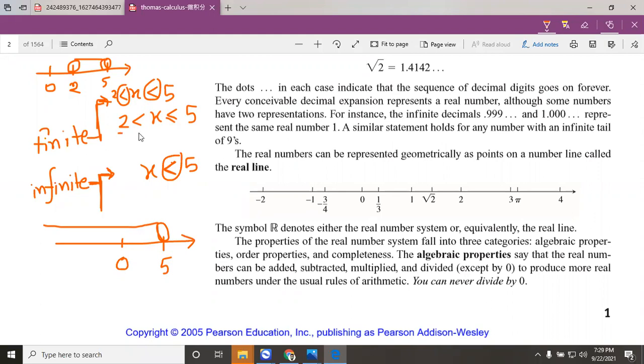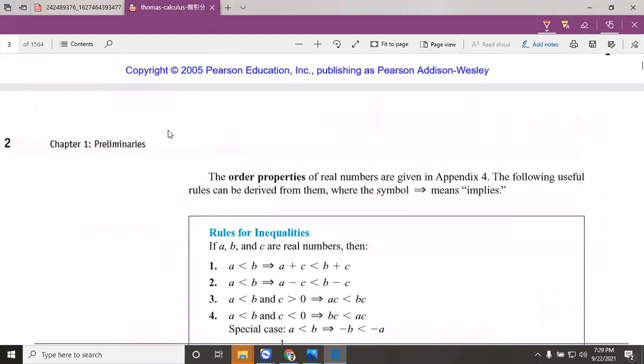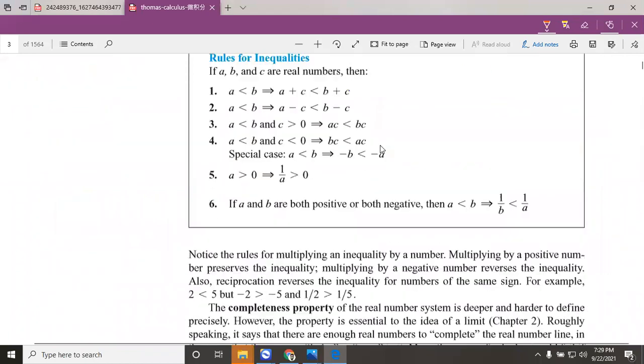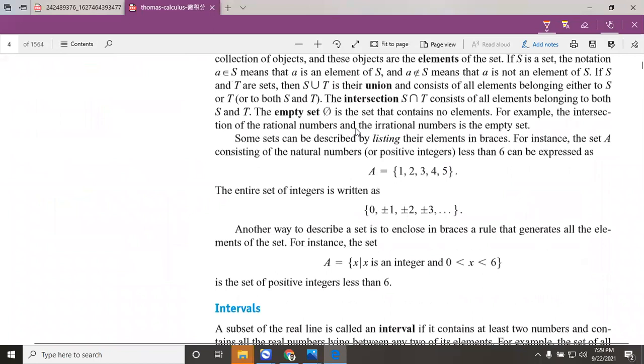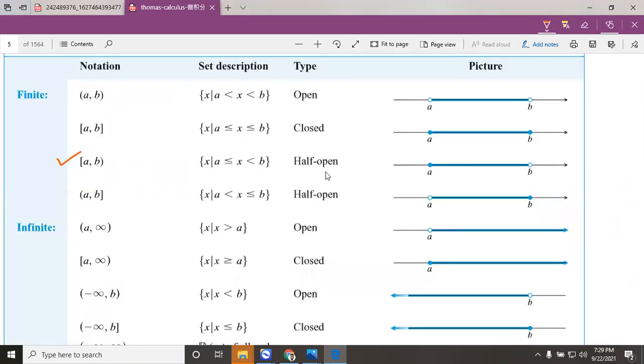So we got our half open and half closed interval here. Let me find them in Thomas Calculus. Here, half open. So here the inequalities are like this: less than or equal to, and another one is only less than. Guys, can you see?